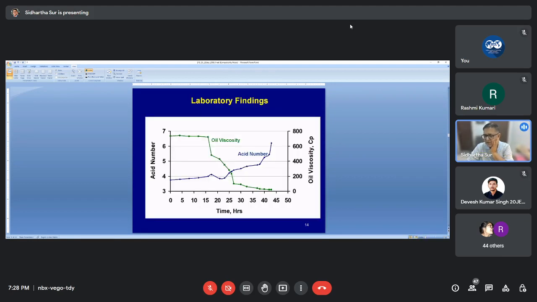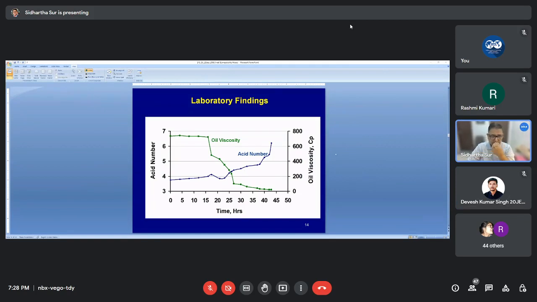So you can see this slide. This is with time, when the front is propagated in the tube, how the oil viscosity changes with time, and how the acid number changes.